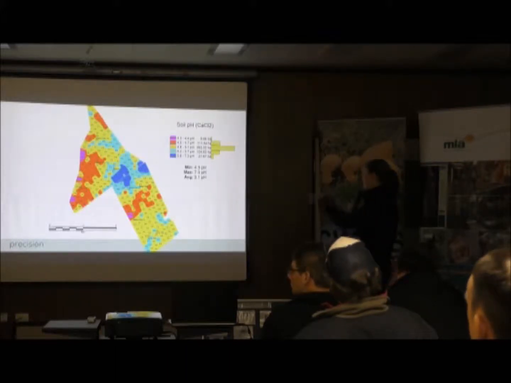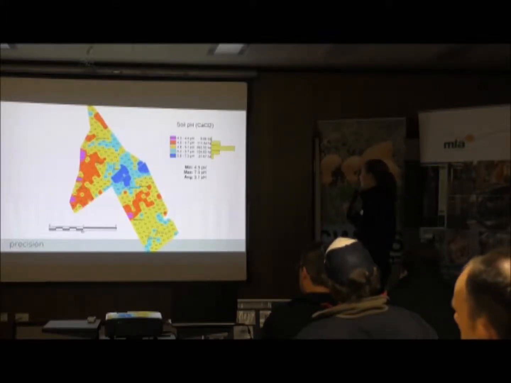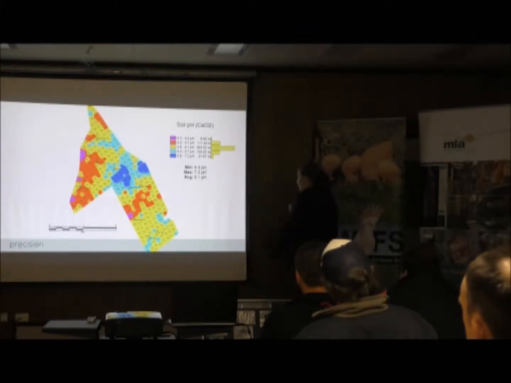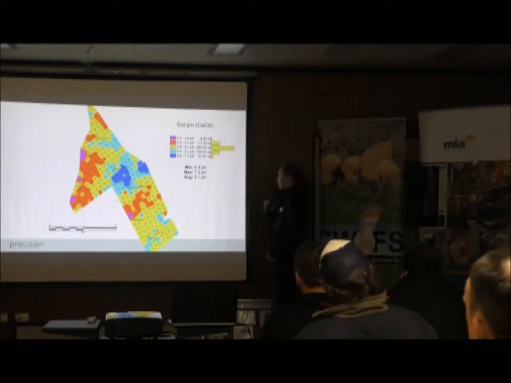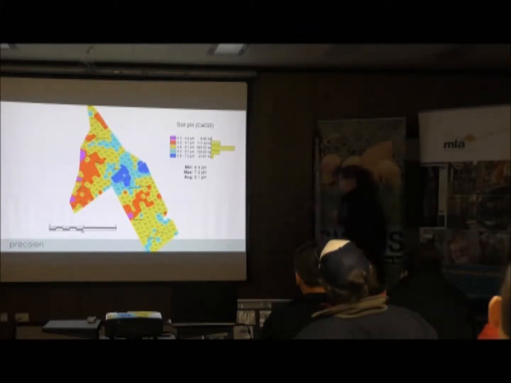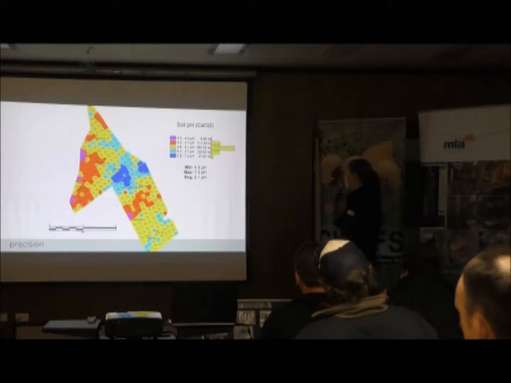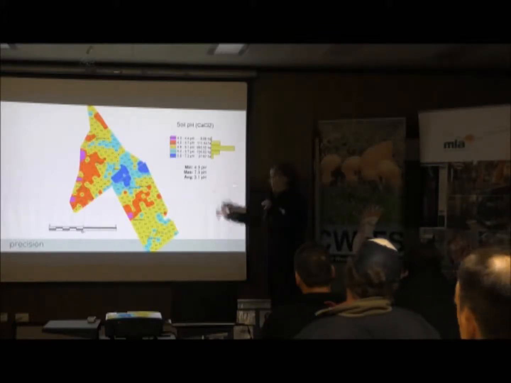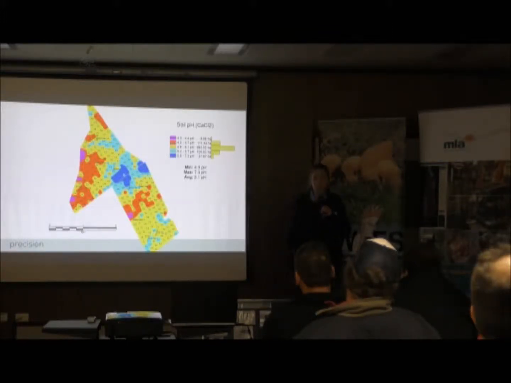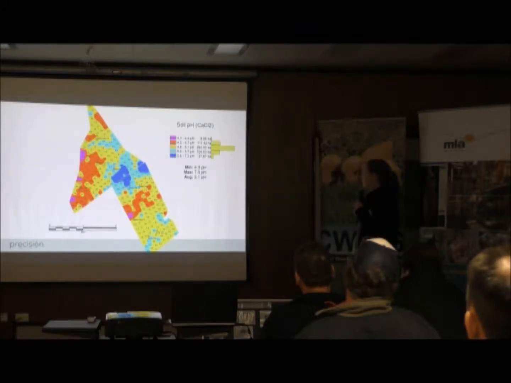We do have some definite zones there. If we look at the average pH for those two blocks together, and say we had done a traditional soil test and taken a transect across the paddock, we might have come out with something around 5.1, and thought, well, that's okay, it could do maybe a little bit of lime, but it's basically in pretty good nick.